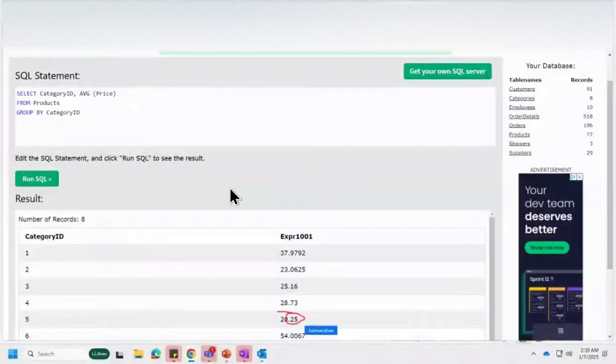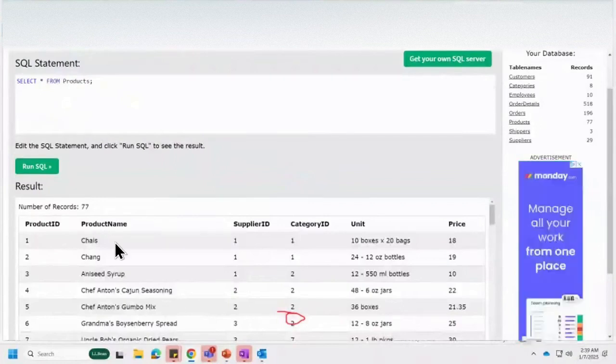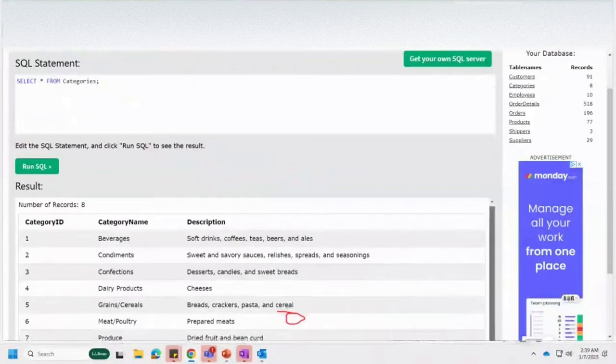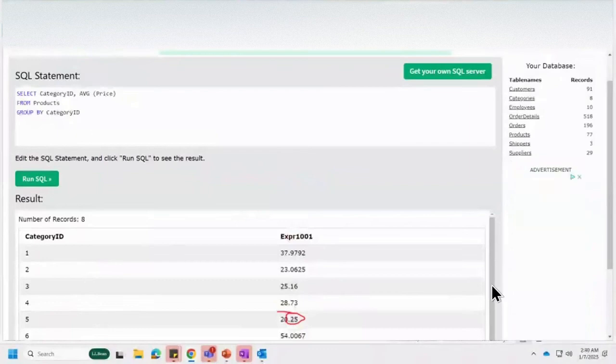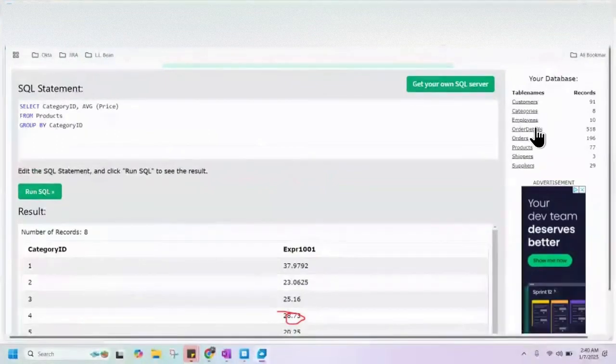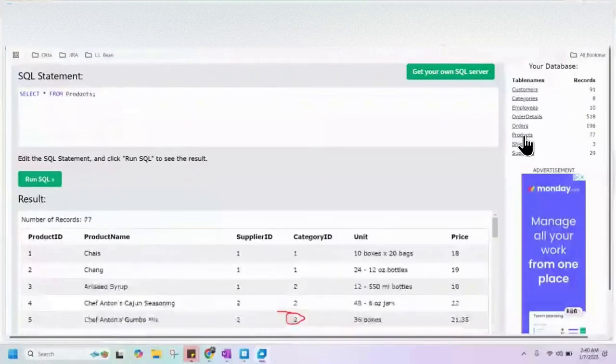Okay, so what was this category ID before I did this? Let me see. Each one of them was unique. So what did we group exactly? Go to the product table, you will see there are 77 records, and now you have only 7 records because only 7 IDs are repeating.